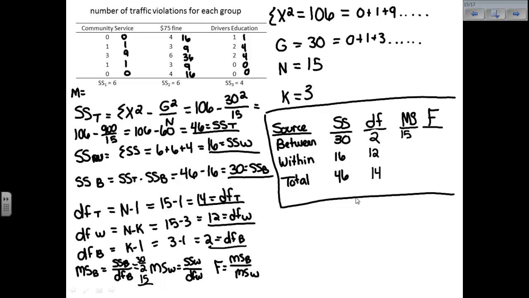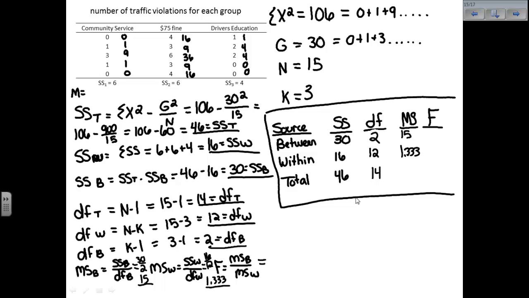And then my mean squared within is equal to the sum of squares within divided by my degrees of freedom within. So this is equal to 16 divided by 12. And 16 divided by 12 gives you 1.333.